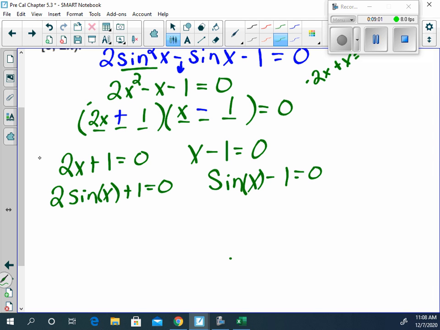So we can solve this one here. We're just solving it for sine. So we can subtract 1 first. We get 2 sine of x is equal to negative 1.